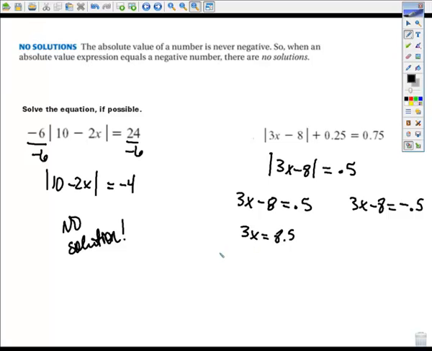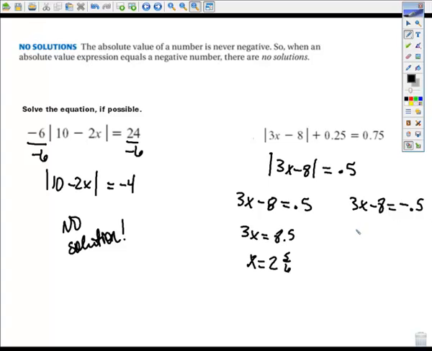Divide by 3, and I get 2.83 repeating, but let's see what that is. 8.5 divided by 3, that's 2 5/6 as a mixed number.